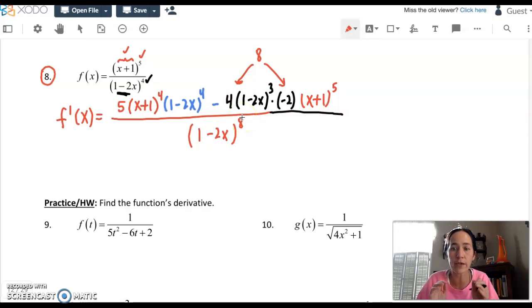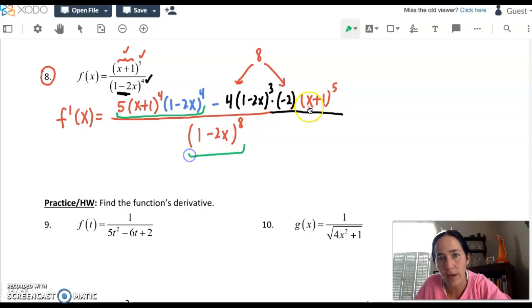Another thing I want to show you that could help us in the future is there's a little bit of canceling that we are allowed to do. Do you notice if you consider these three parts, that they actually do have something in common? They all have a number of powers of 1 minus 2x. So optionally, we actually could cancel 3 of these powers out of all 3 parts.